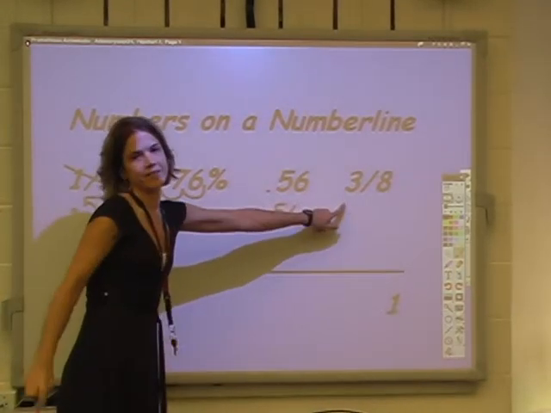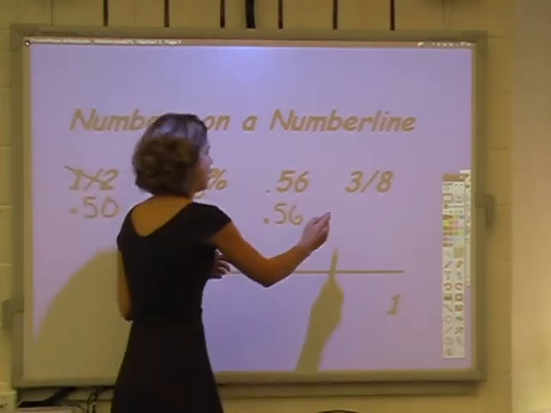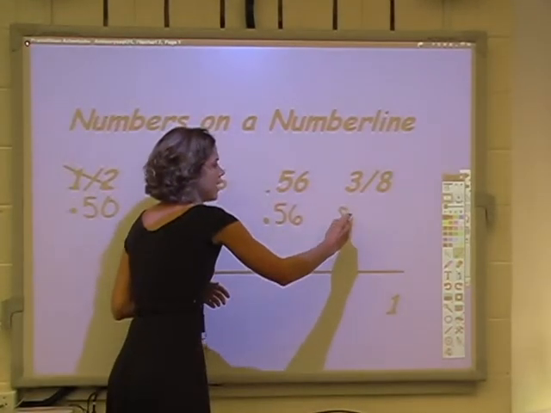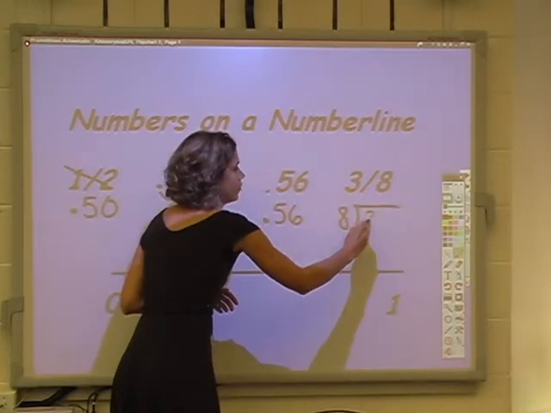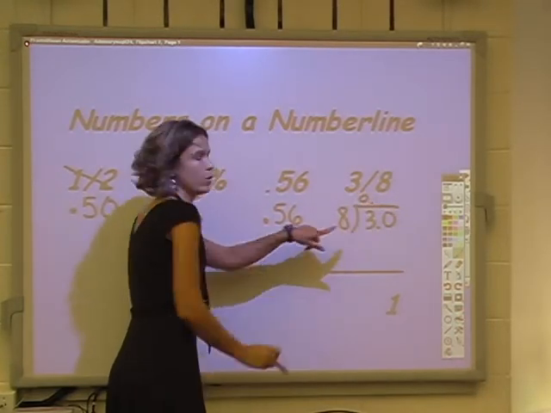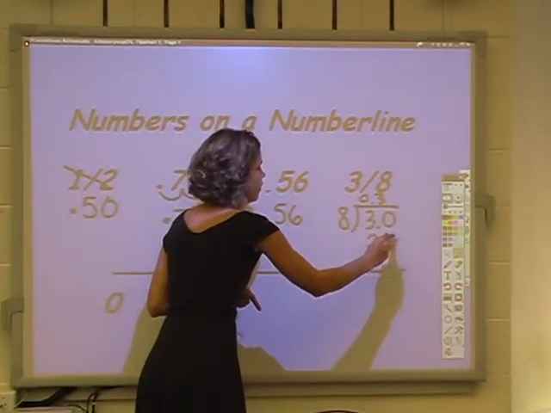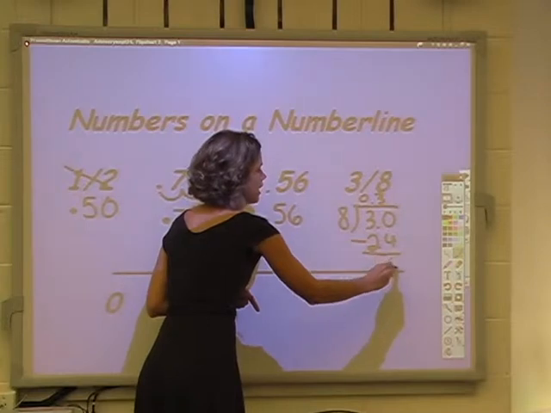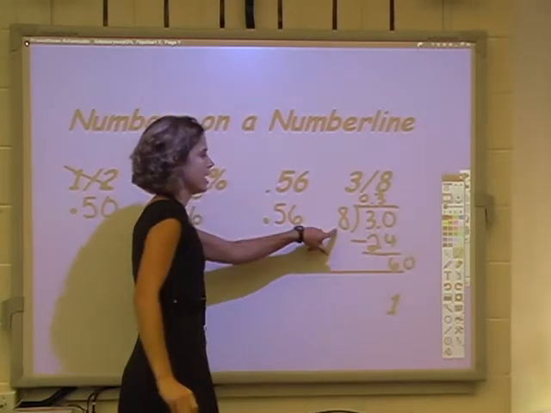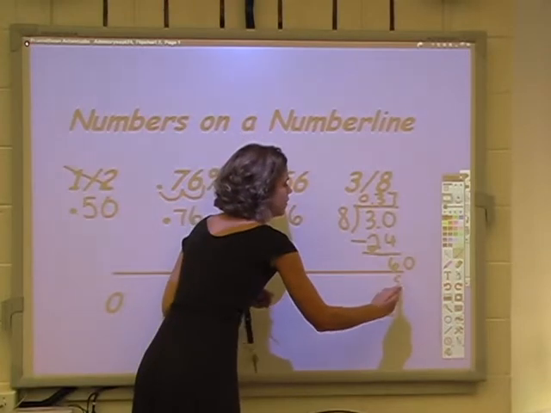Now 3/8. That's not an easy fraction to remember, so I'm going to do my division. The denominator goes on the outside, 8, and I have a 3 with a 0 on the inside. 8 goes into 30 3 times. That gives me 24. When I subtract, I have 6, bring down the 0. 8 goes into 60 7 times. 7 times 8 is 56.